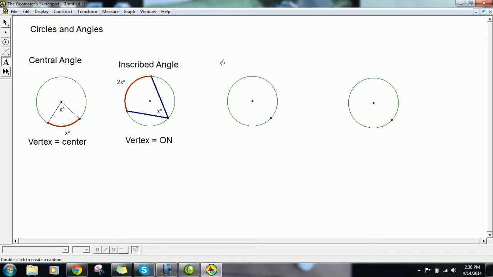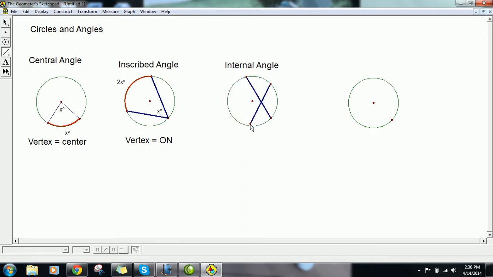There are two more cases. This I'll call an internal angle, and it could look like a lot of different things. Usually it's made of two chords. In this case we have an angle where the vertex is in the circle, but not on the center. So that could look like we've got a chord here, a chord there.